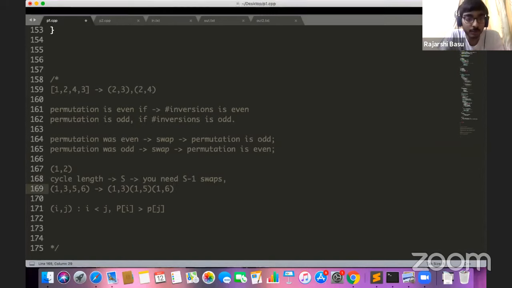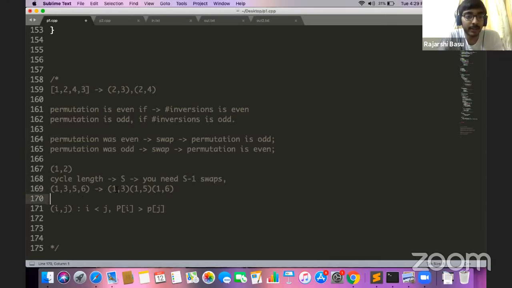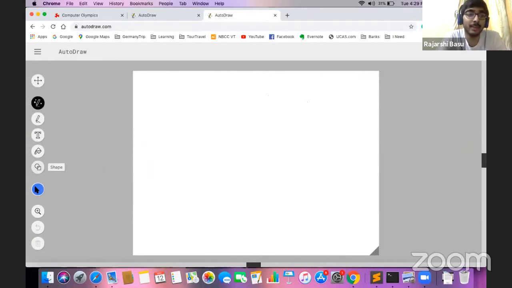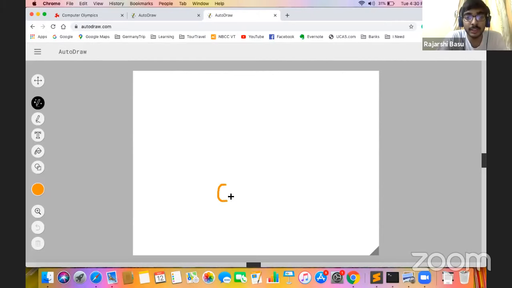So this is true. Notice the pattern here. We are taking the first element and then attaching the adjacent elements to it one by one, right? So why is this true? Let's take a graphical example.